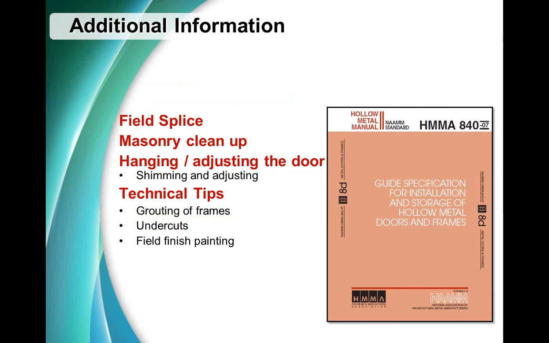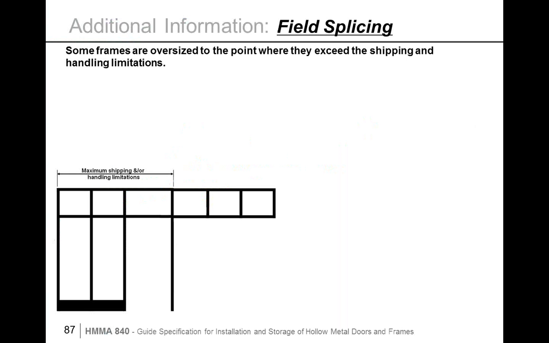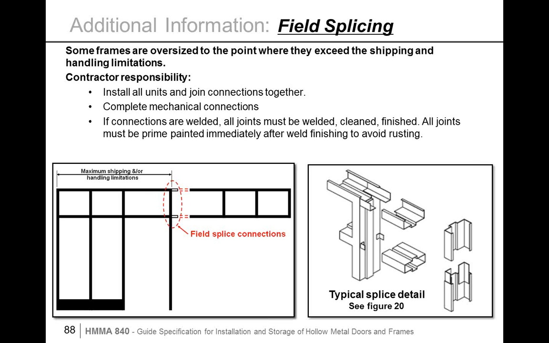Now, in additional support information on openings themselves, just general guidelines, this is still covered in HMMA 840. Large frames, these are transom side leg type frames that exceed the shipping and handling sizes for trucking, are supplied to job sites where they require field splicing. It's critical to understand this is the installing contractor's responsibility.